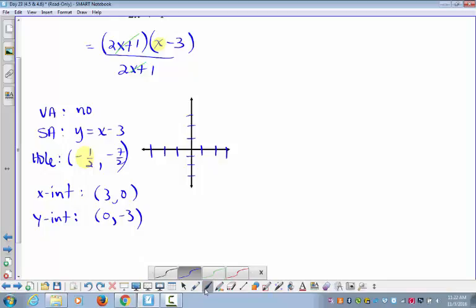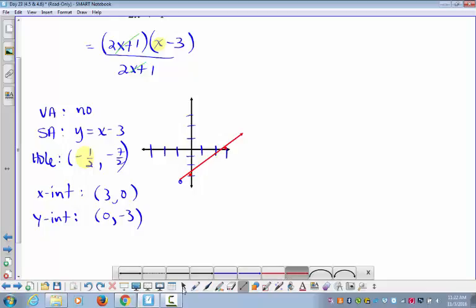All right, then we go for our graph. So negative 1/2, negative 3.5, that's down here. That's the hole. And the slope of this is 1. We have the y-intercept of negative 3. And our graph will look like a line with 1 point removed.